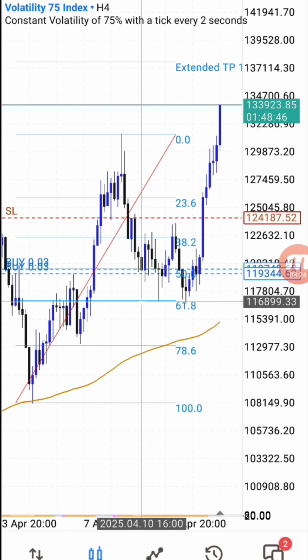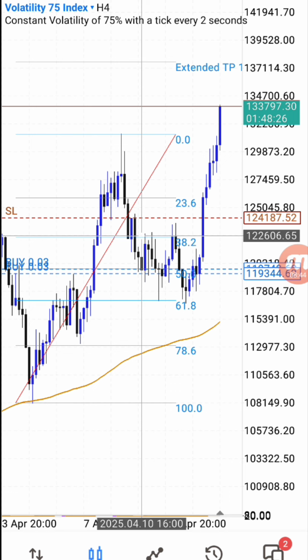But we entered from 61.8, so the risk to reward now is going to be 1:4, because ideally our stop loss is supposed to be below or at 78.6. But then if you come from here, from 61.8 to this is 1, to 38 is 2, to 23 is 3, to 0.0 is 4.